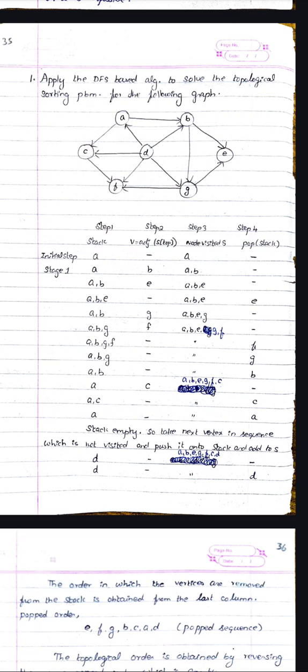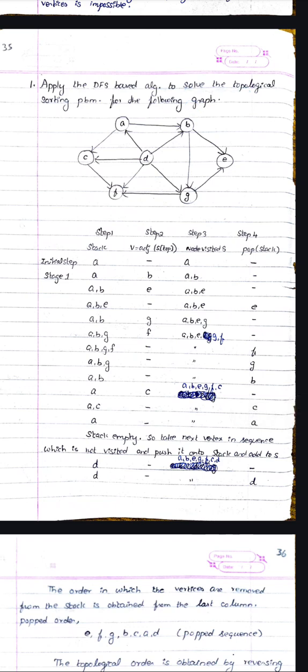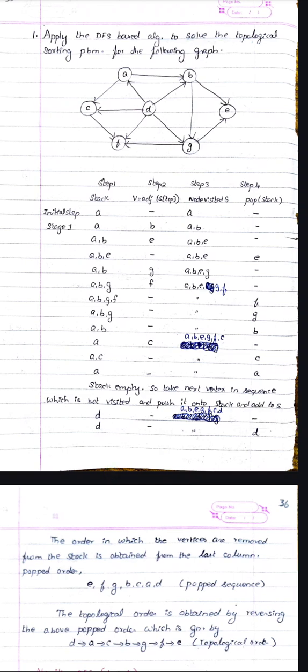We read the adjacent of A. Node visited is A. Then, for popping the stack, nothing yet. Second step: for A, we have adjacent B only. Then the node visited is B. Stack A, B, pop nothing.